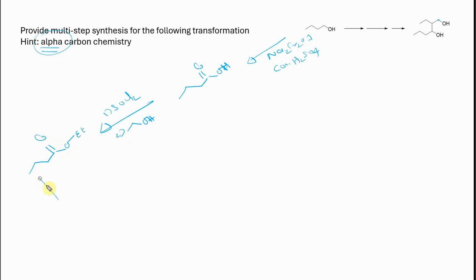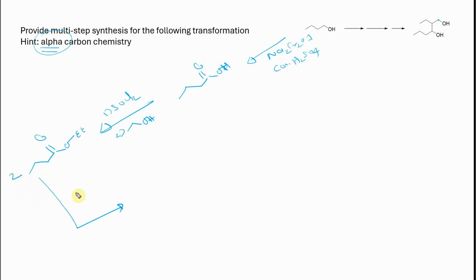So oxidize this with the Jones reagent, say for example. Now that will give you the butanoic acid, OH. Treat this with thionyl chloride, SOCl2, and say for example ethanol. That will give you the ester, and this is when you will use your Claisen step.